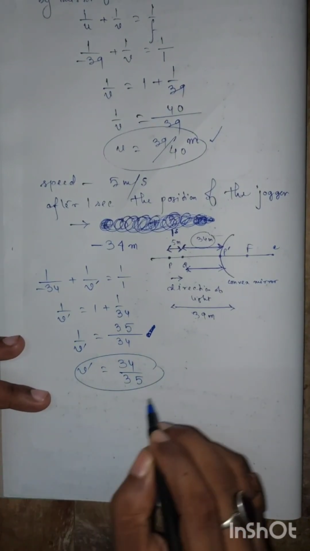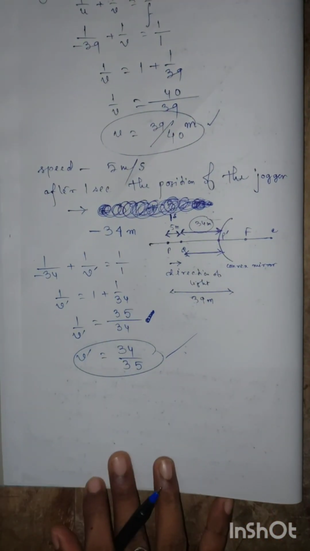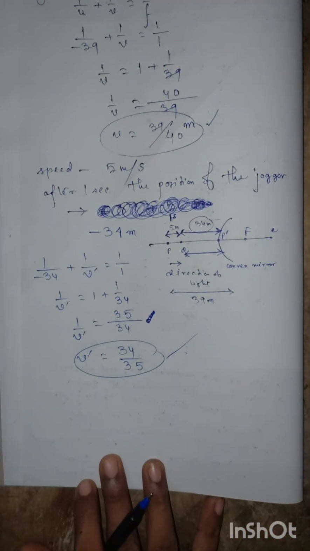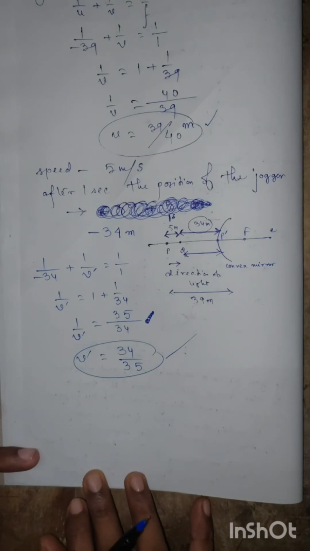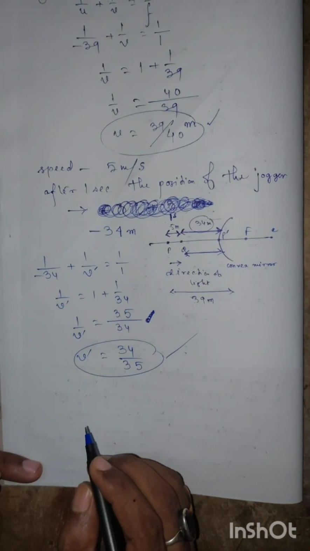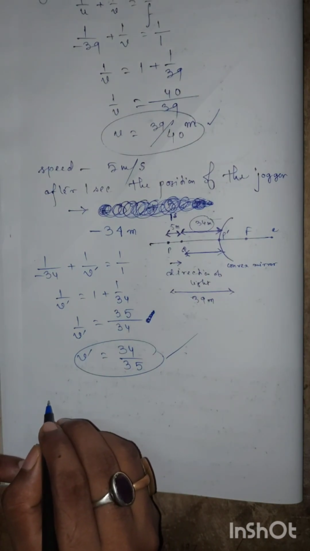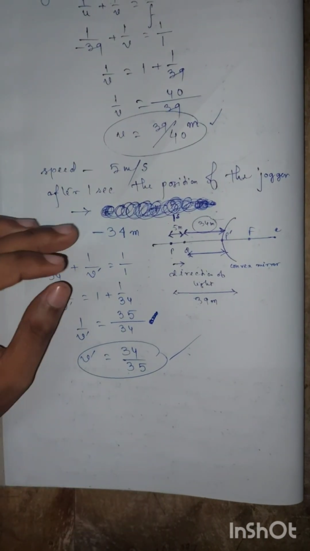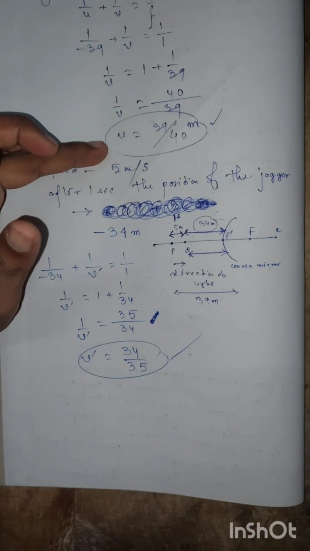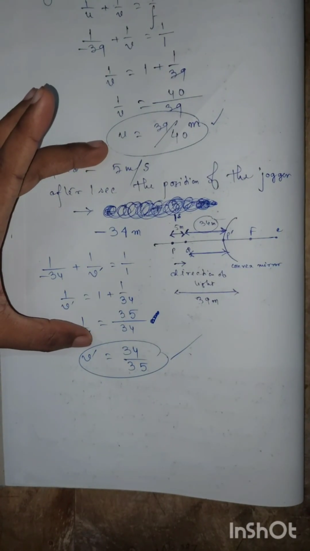So this is our new position of the image, and this was our previous position of the image. So 1 second before this was the position of the image, and 1 second after, this is the position of the image.